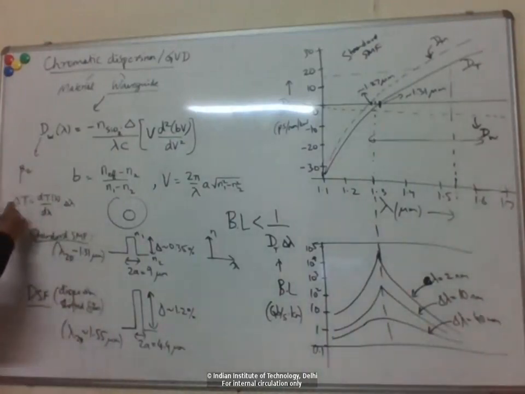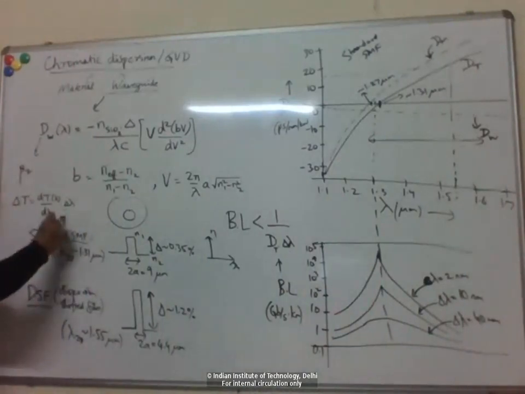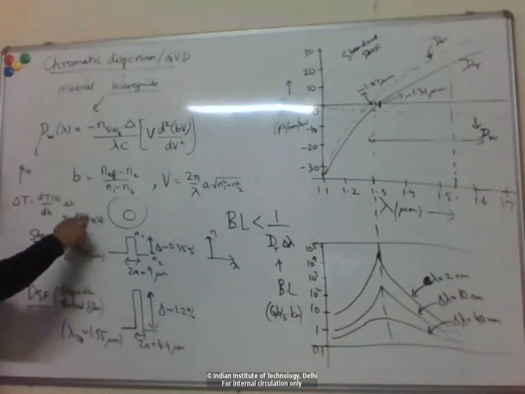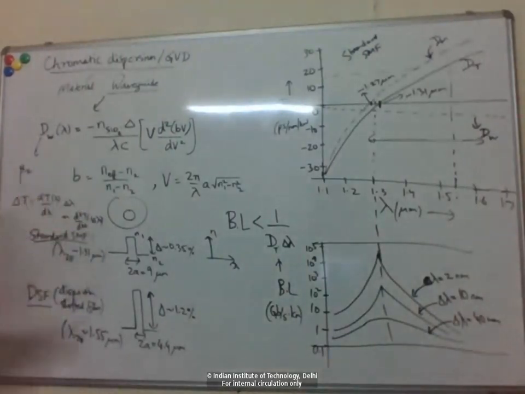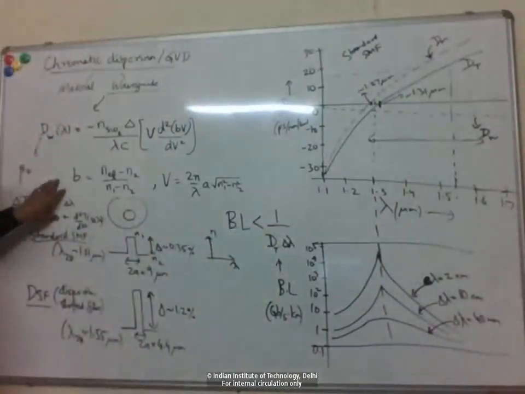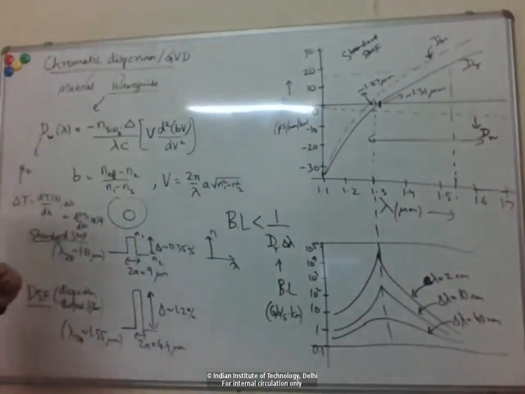But you can imagine this is some sort of Taylor series expansion, so there could be higher order terms here. I could take the second derivative and multiply by delta lambda squared. So here, the first order term is 0, so then the second order term starts contributing.